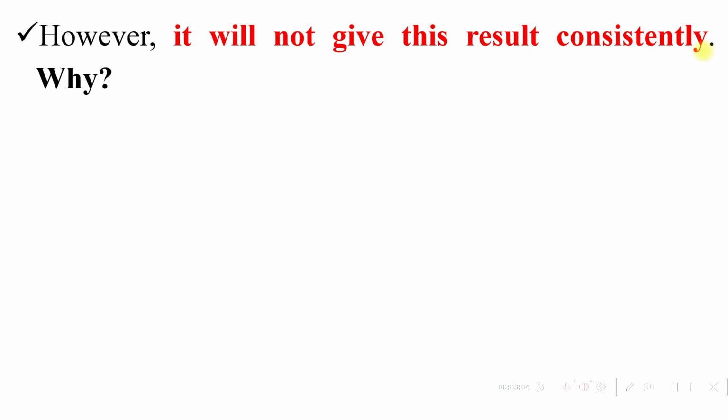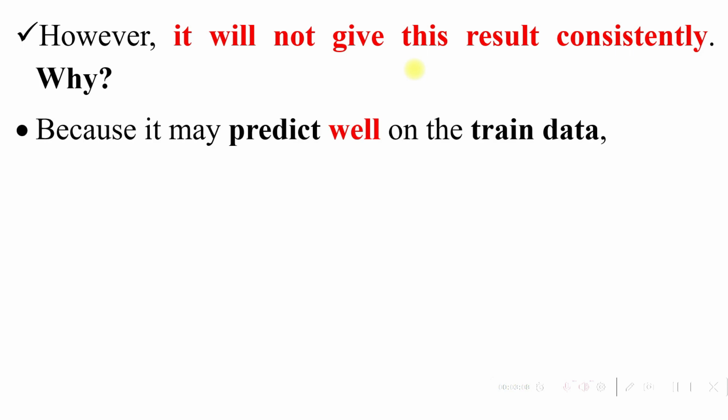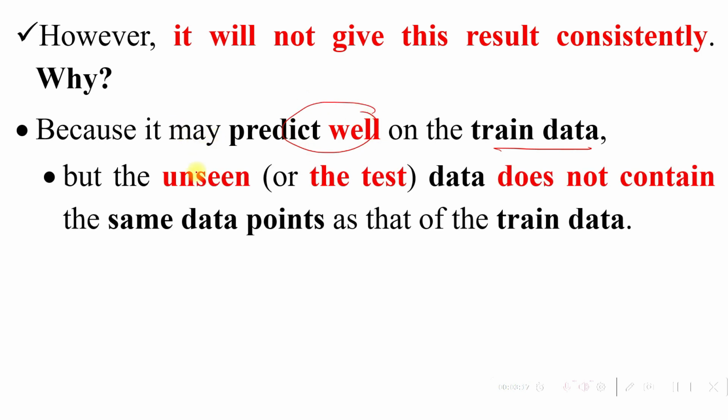However, it will not give this result consistently, because it may predict well on the training data, but the unseen data or test data does not contain the same data points as the training data.